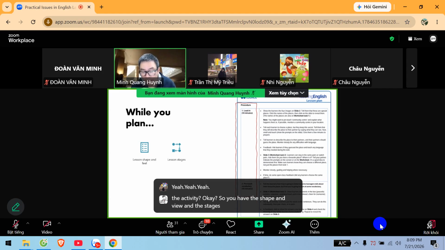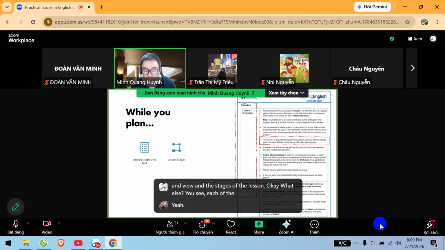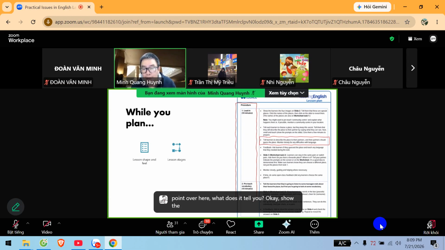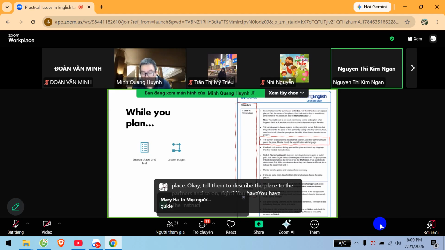Okay, what else? You see each of the bullet points over here. What does it tell you? Show the 4 images. Tell the learners to choose a place. Tell them to describe the place to their partners and so on. You have the instructions. Yes, very good.